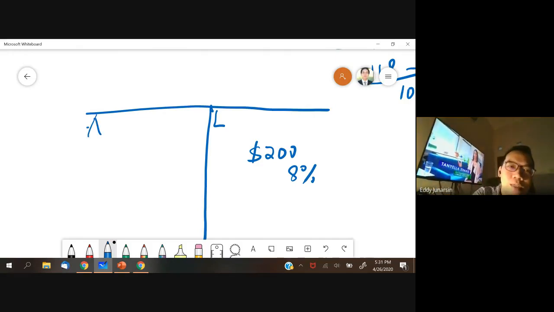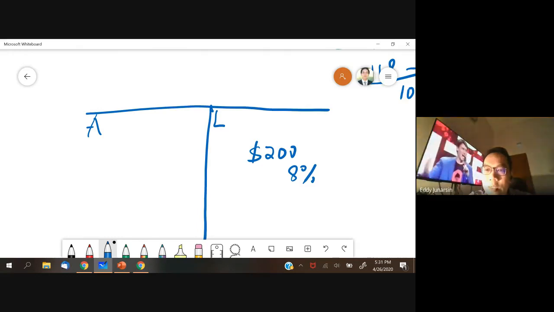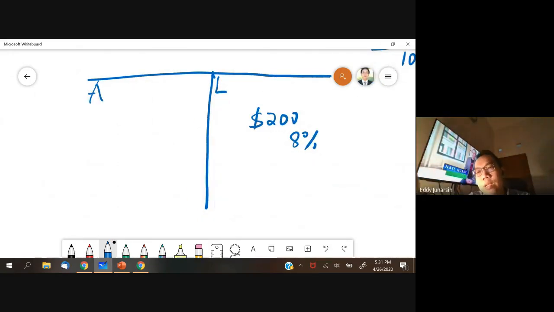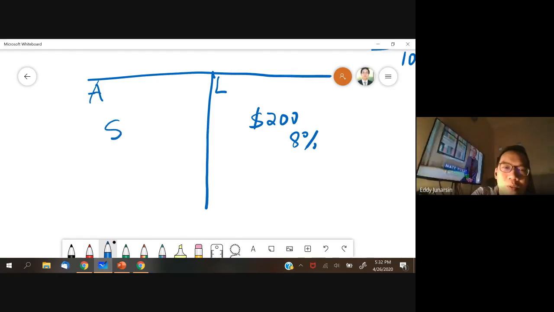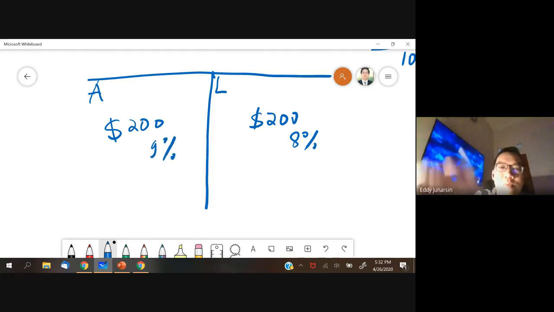And if you want the natural hedging mechanism, then you try to match your liabilities with your assets, right? So as much as possible, you try to also make this 200 million with 9% return.